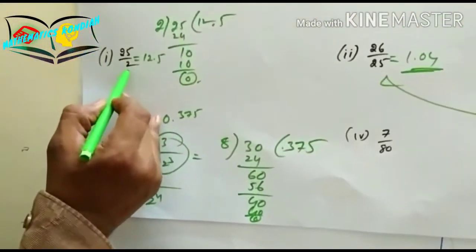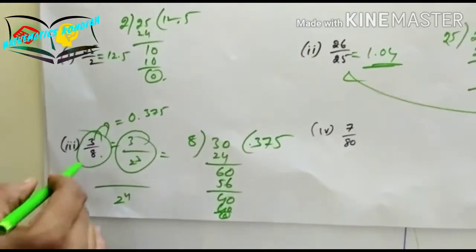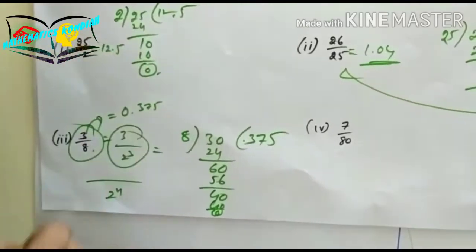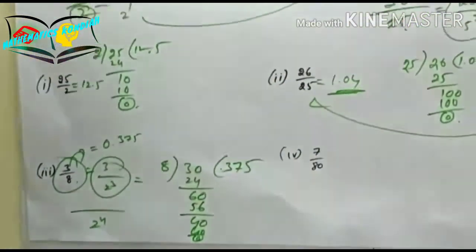Like 25 by 2, 26 by 25, 3 by 8, these are all terminating numbers. How do we guess terminating numbers directly? Look at the denominator portion.